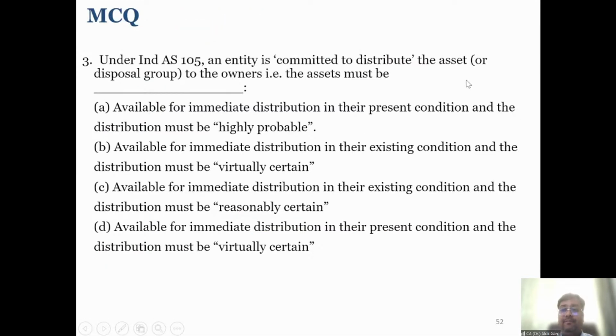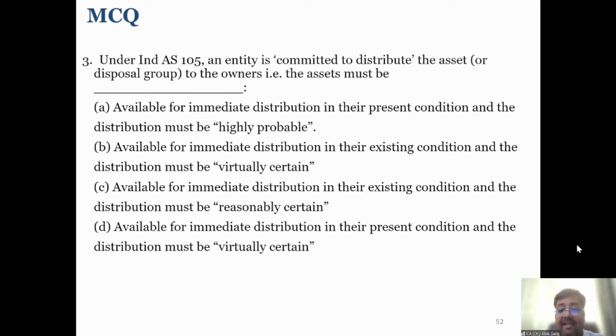Question number 3. Friends, like we have discussed the concept of asset held for sale, there is a very small concept of asset held for distribution, right? For example, instead of selling, the company is committed to distribute the asset to the shareholders as a dividend, right? In that case, what is the criteria? Everything is the same. Like in case of held for sale, what is the criteria? Available for immediate sale in present condition and sale is highly probable.